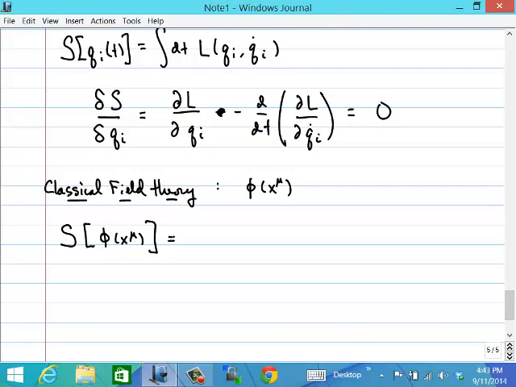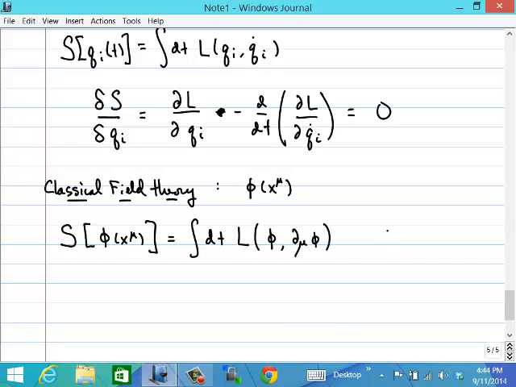So just as in classical mechanics, we saw that this is the integral dt of some Lagrangian. So that Lagrangian will depend on your degrees of freedom as well as their first derivatives, just as in classical mechanics.